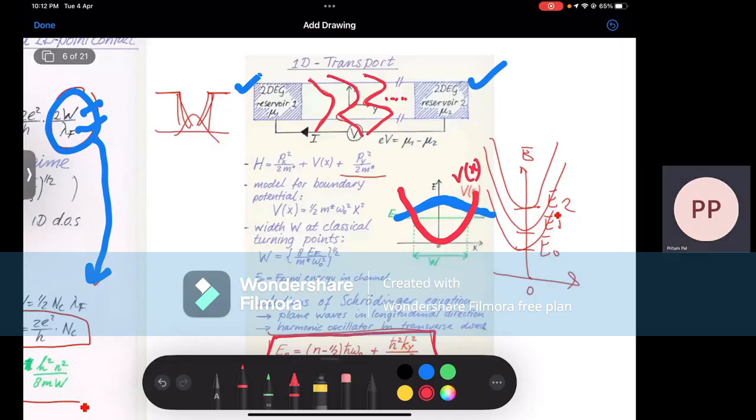If I plot this, basically E0, E1, E2, these levels, and this axis will be ky, and this is obviously energy.